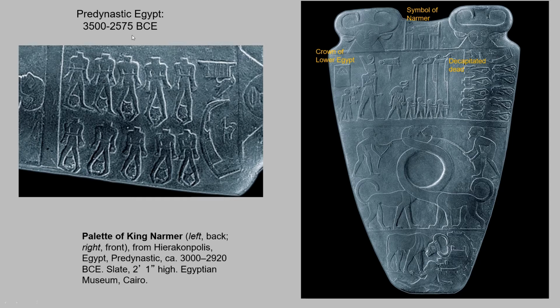If we look below that top register, we can see another register depicting a battlefield. We see Narmer using hieratic scale, so he is bigger than everybody else because he's most important. He's wearing the crown of Lower Egypt, so on the other side we saw him with the crown of Upper Egypt, so this is meant to show his rule over both kingdoms now.